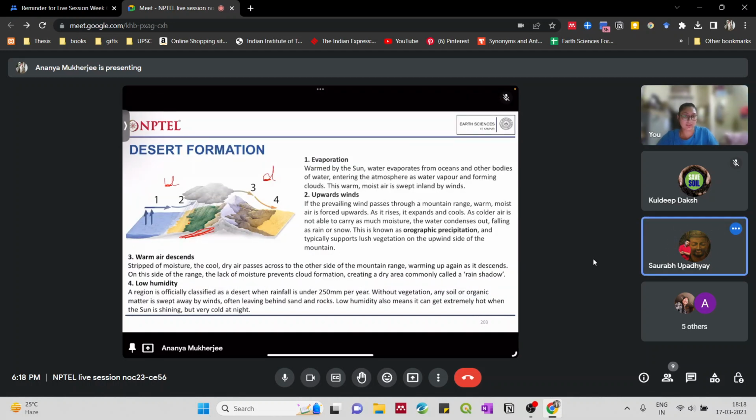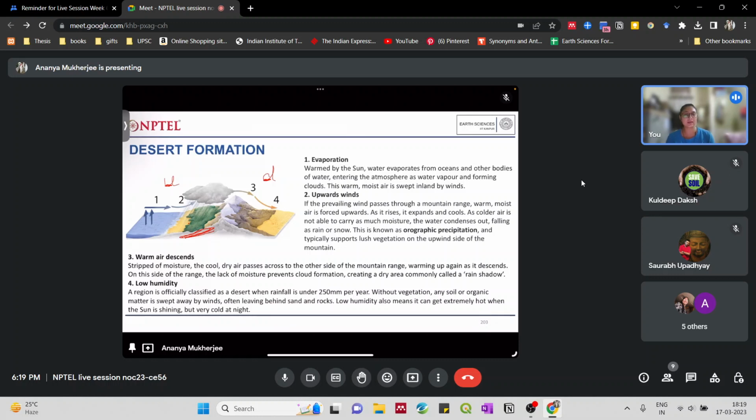In the sense of orographic precipitation, due to the presence of the mountain ranges, the precipitation happens on the upwind side of the mountains, and the air that moves across the mountain ranges has now lost all its moisture. It is cooler, but it is also dry air now.